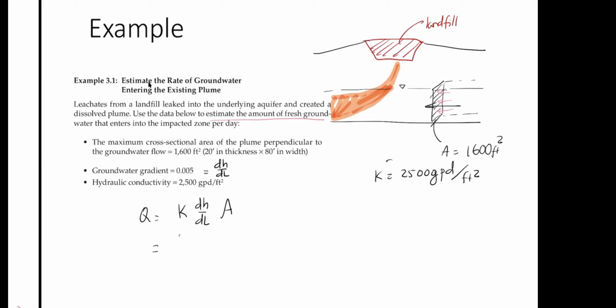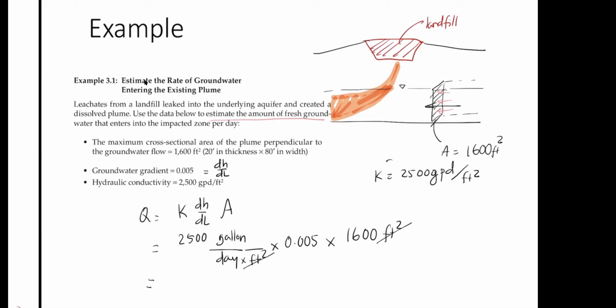K is 2,500 gallons per day per square foot, times dH over dL, which is 0.005, times area, which is 1,600 square feet. If you see, the square feet cancel. There is no other unit, so the answer will be gallons per day. And that's exactly what it asks for, the amount of freshwater flow.